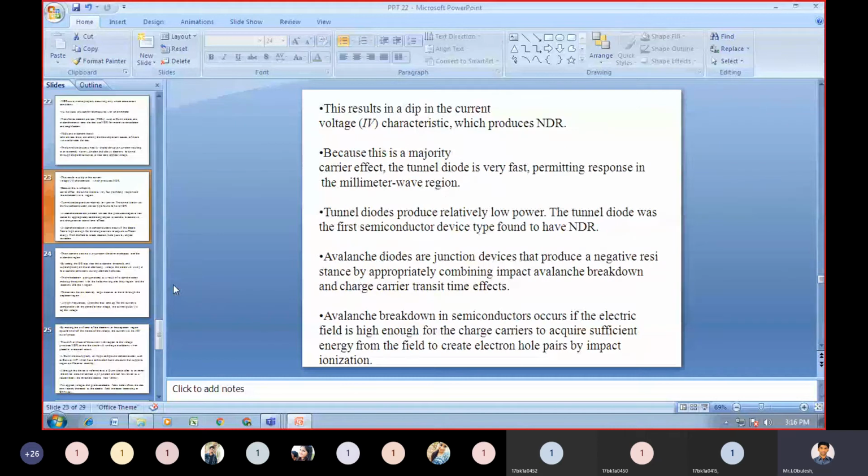This results in a dip in the current voltage characteristic, which produces NDR.